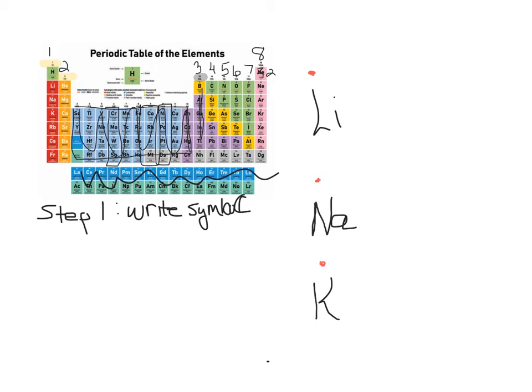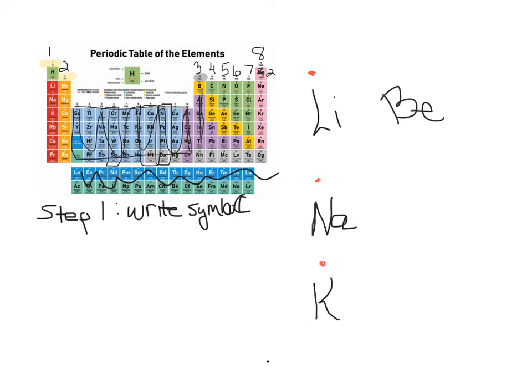Let's look at alkaline earth metals. Alkaline earth metals are group 2. We can start with beryllium. Beryllium symbol is Be. It is part of group 2 alkaline earth metals, which means it has 2 valence electrons.